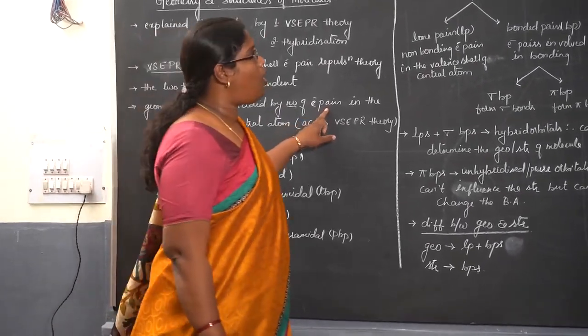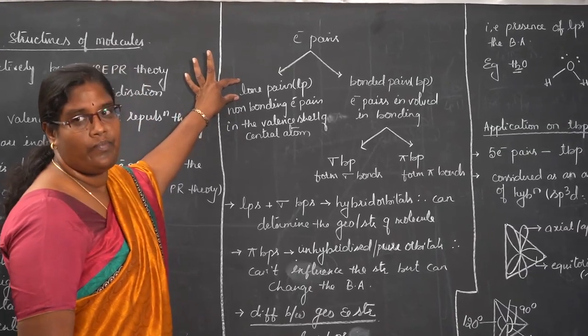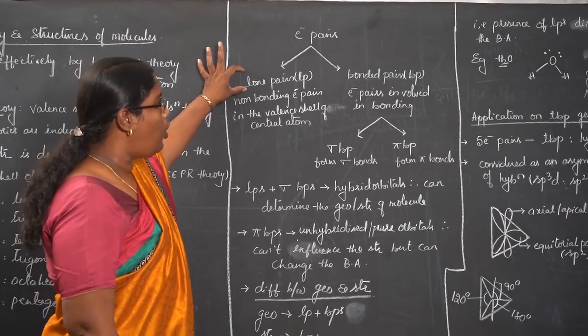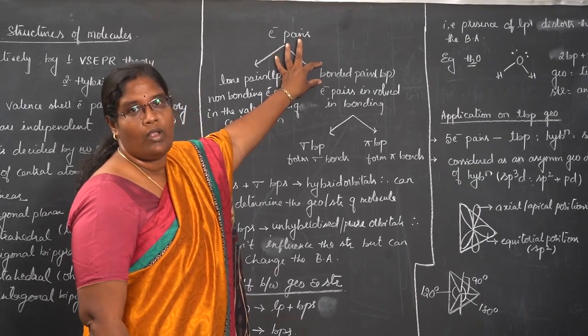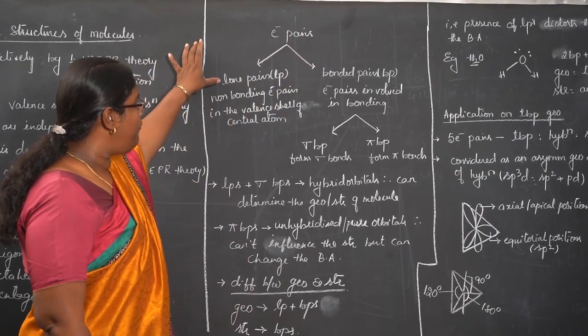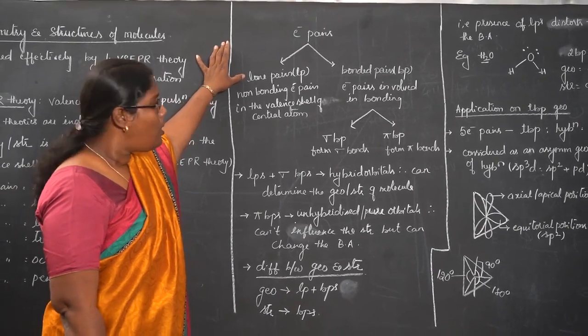This electron pairs we classify into two types. The first one is lone pair and the second one is bonded pair. What is the difference between the lone pair and bonded pair?